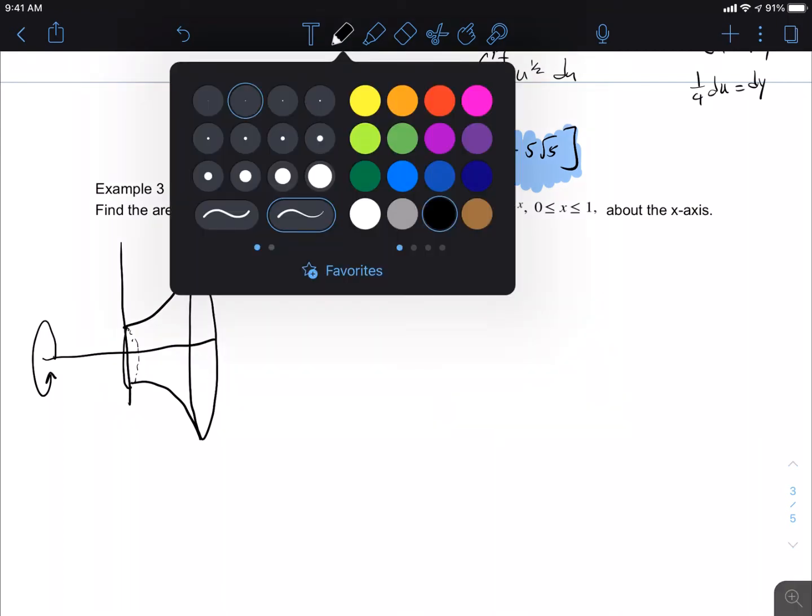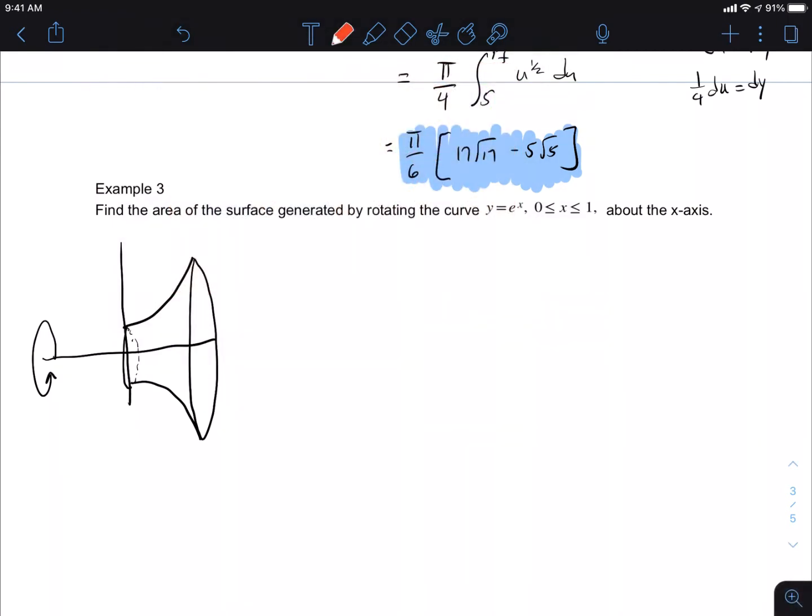So then our radial slice is going to be this one, right? And since our radial slice is that way, what's the radius going to be in? Isn't that a y? Right? Andrew got it, right?